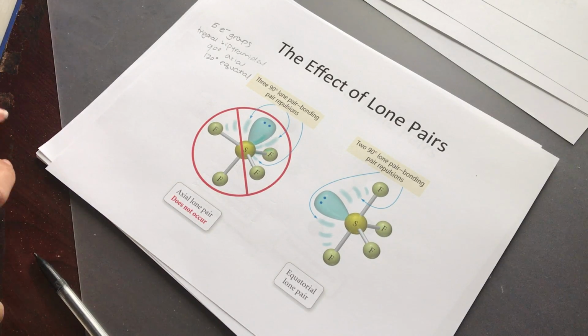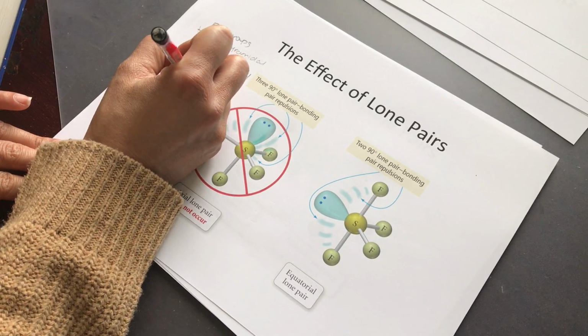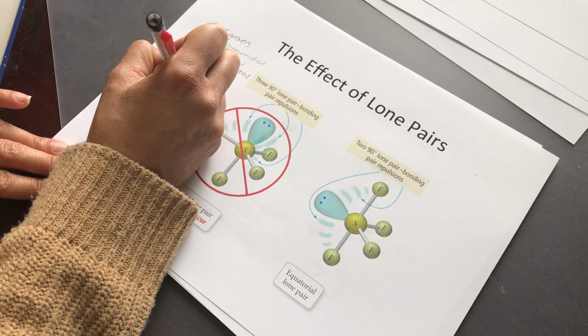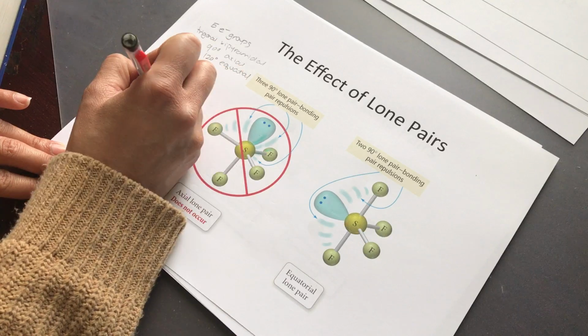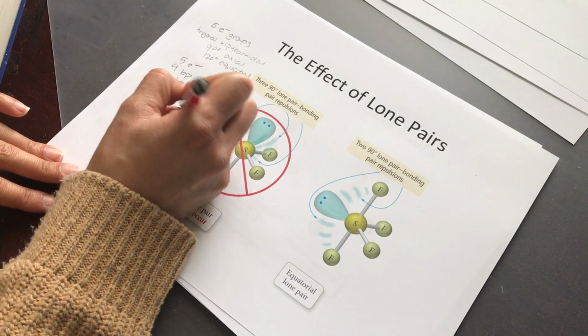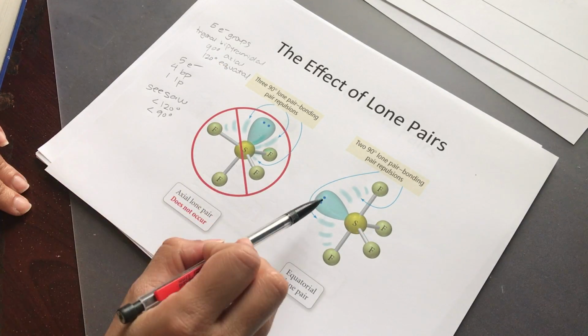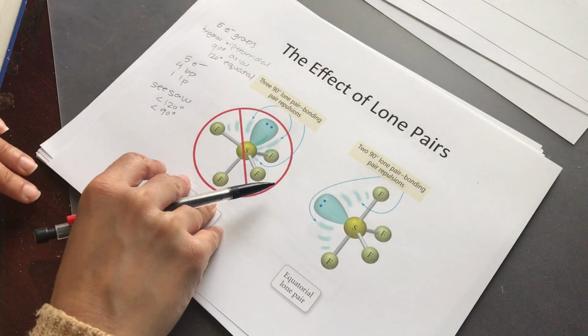And when you have 4 bonds and 1 lone pair, you have a seesaw. So I'm going to write 4 bonding pairs, 1 lone pair for 5 electron groups, seesaw, with less than 120 for equatorial, less than 90, giving you this kind of a shape because of the repulsions.